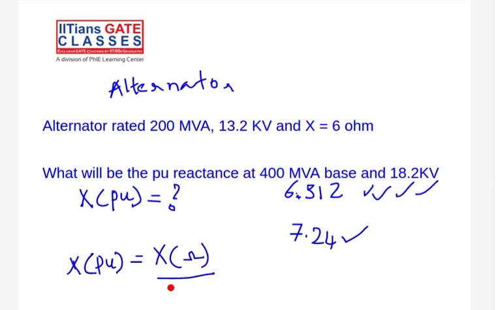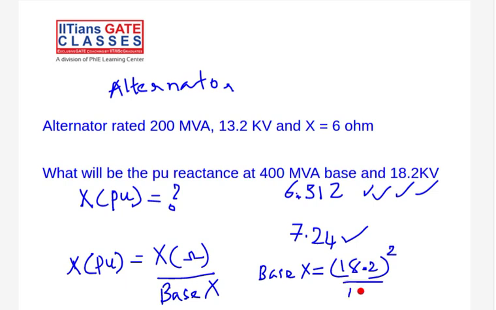So what is this? It is X ohms divided by Z base, right? So what is Z base here? It is 18.2 the whole square divided by 400.